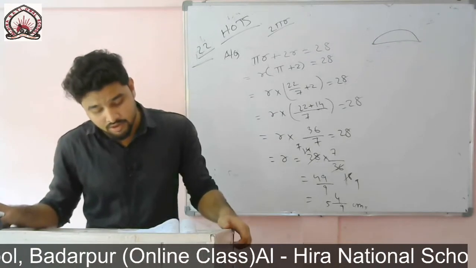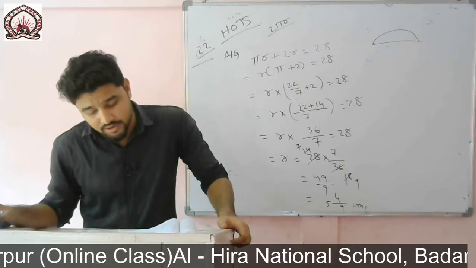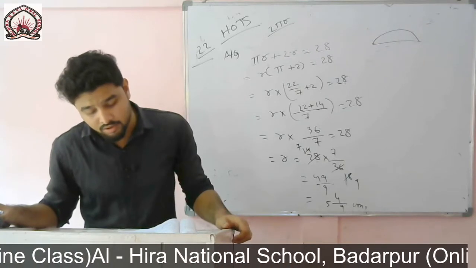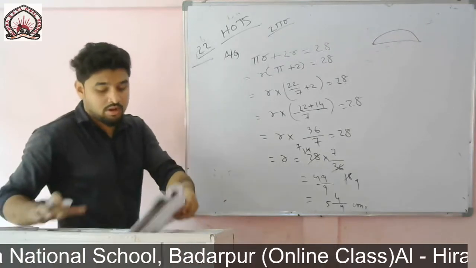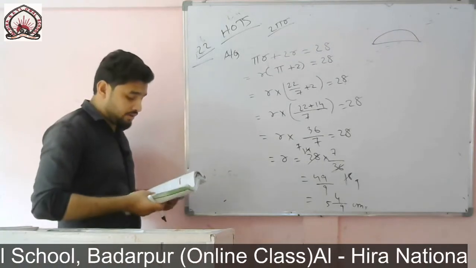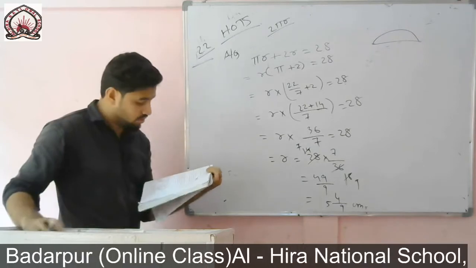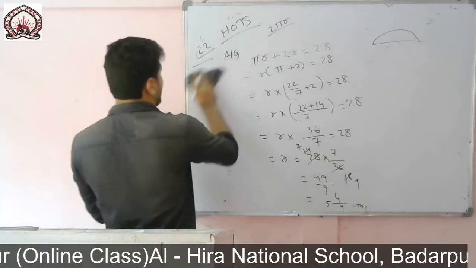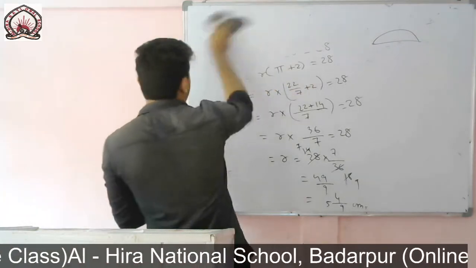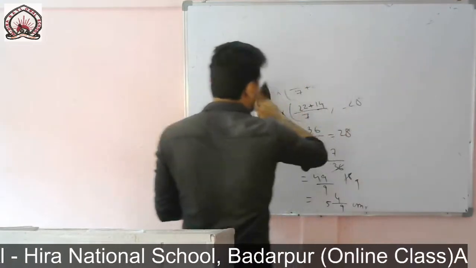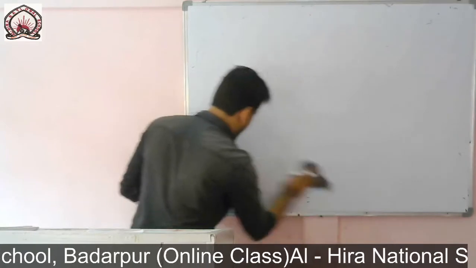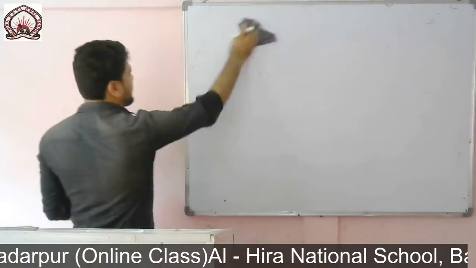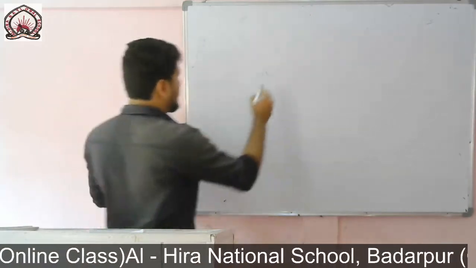In question 1, take pi equals 3 1 by 7 or 22 by 7, and in question 3, 3.14. I will show one, and you can do the rest at your home. If you cannot find the solution, then you can ask me or call me, I will help you.